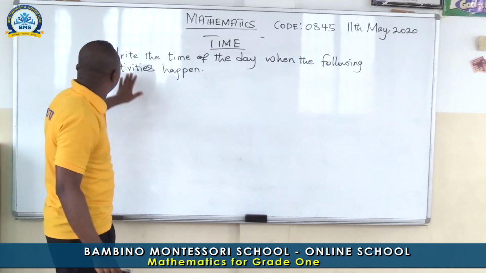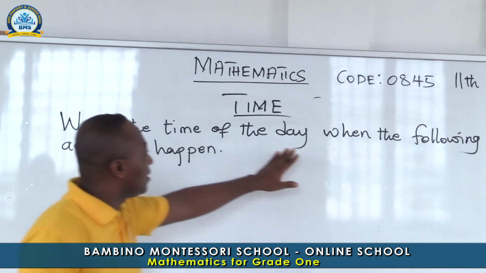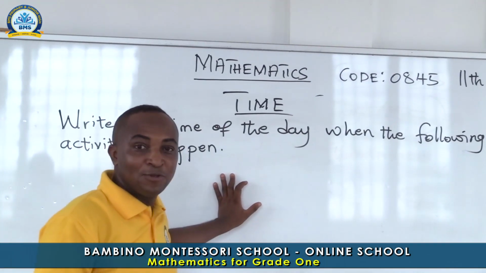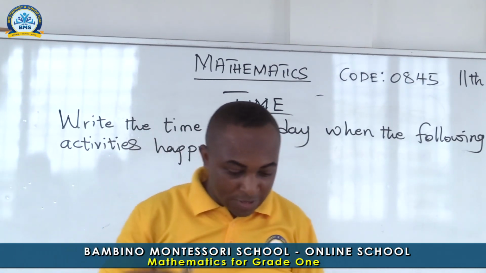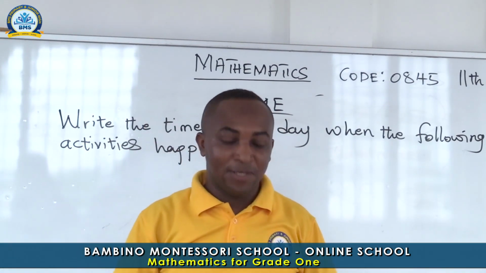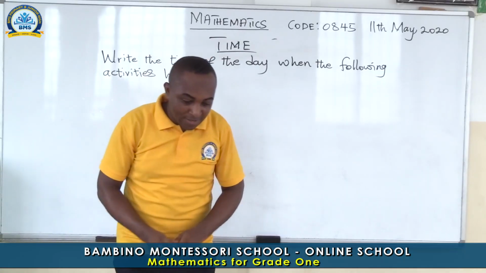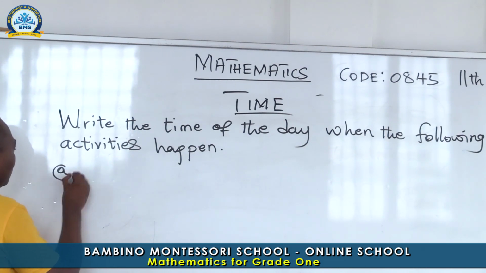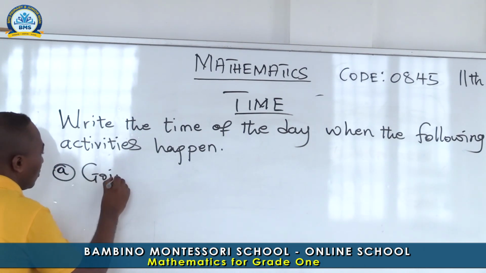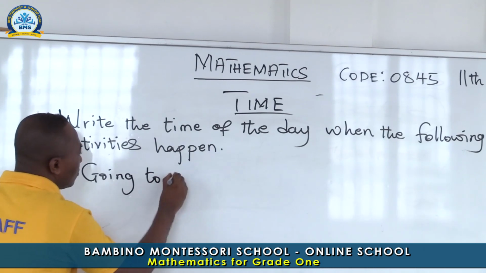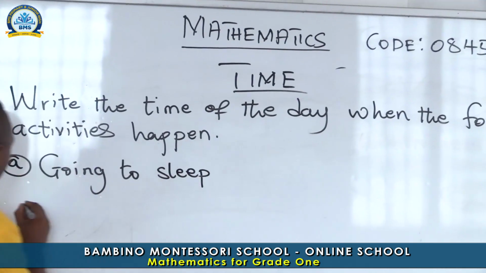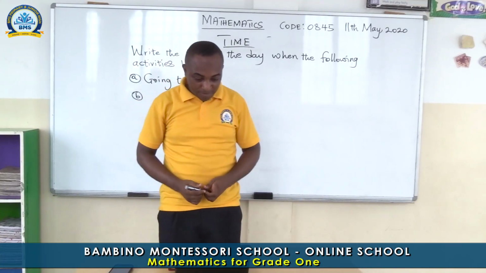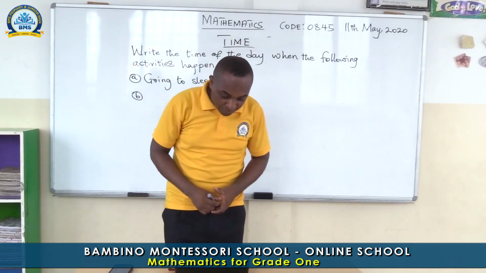There's a question on the board. Write the time of the day when the following activities happen. So I'm going to write activities and you are going to tell me the time of the day when they happen. So the first one is going to sleep. We have the second one, playing with friends.